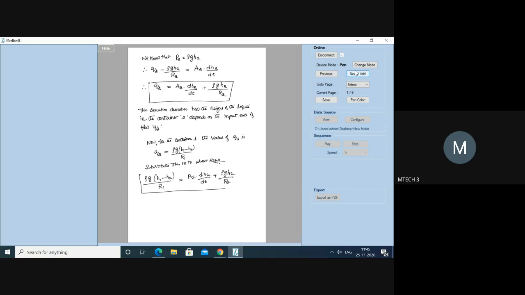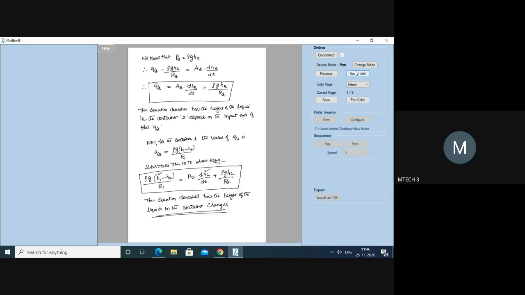Now what does this equation give you? H1 and H2, both. This equation describes how the height of the liquids in the containers changes.